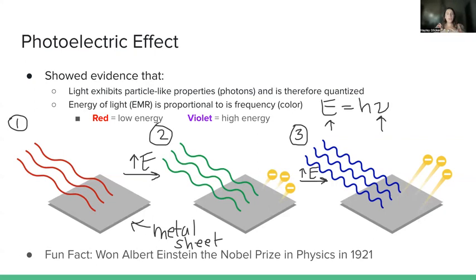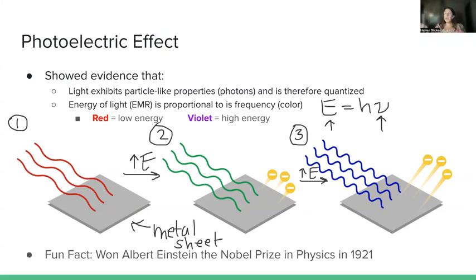There's a light effect on electrons, and if we shine a high enough energy frequency of light onto some sort of atom sample, enough energy is provided potentially to eject electrons. In fact, this is what won Albert Einstein the Nobel Prize back in 1921.